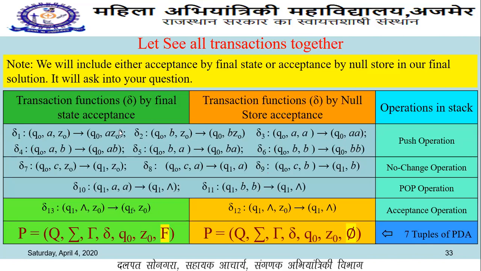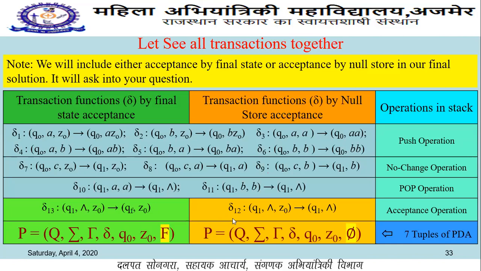This is the table of transition functions from delta 1 to delta 11 and delta 13. For null store acceptance, delta 1 to delta 11 are the same, but delta 12 is used in place of delta 13.